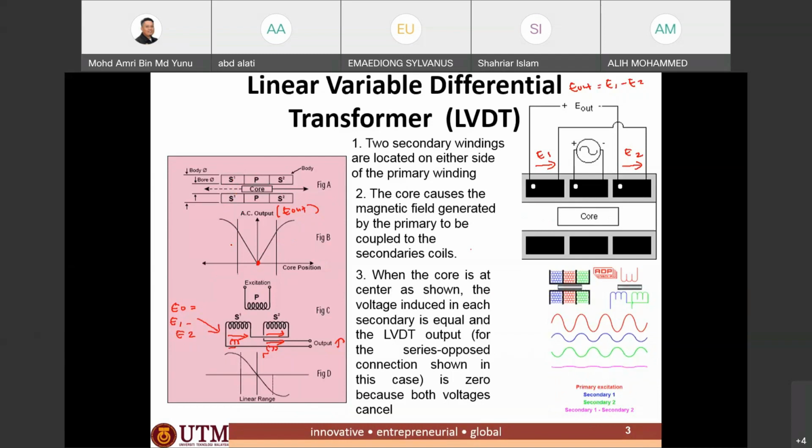So when it moves towards the left, the amplitude across the first part is larger than the amplitude of the output at the second part of the secondary.